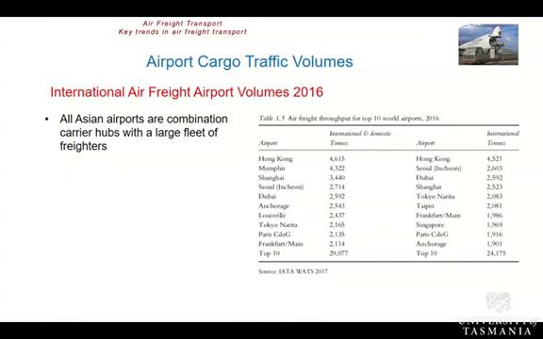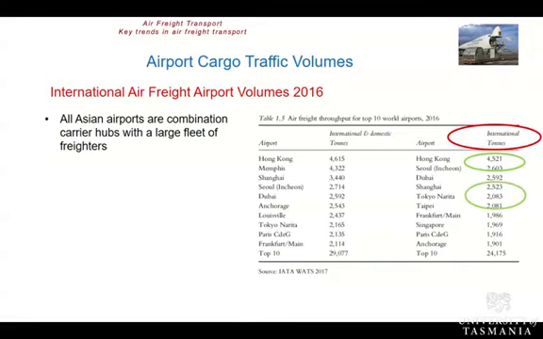Now, if we have a look at Asia in particular, what we know about that is that Asian airports are all combination carrier hubs with a large fleet of freighters. So Hong Kong, Seoul, and this is moving away from international to domestic. We're just looking at international now.